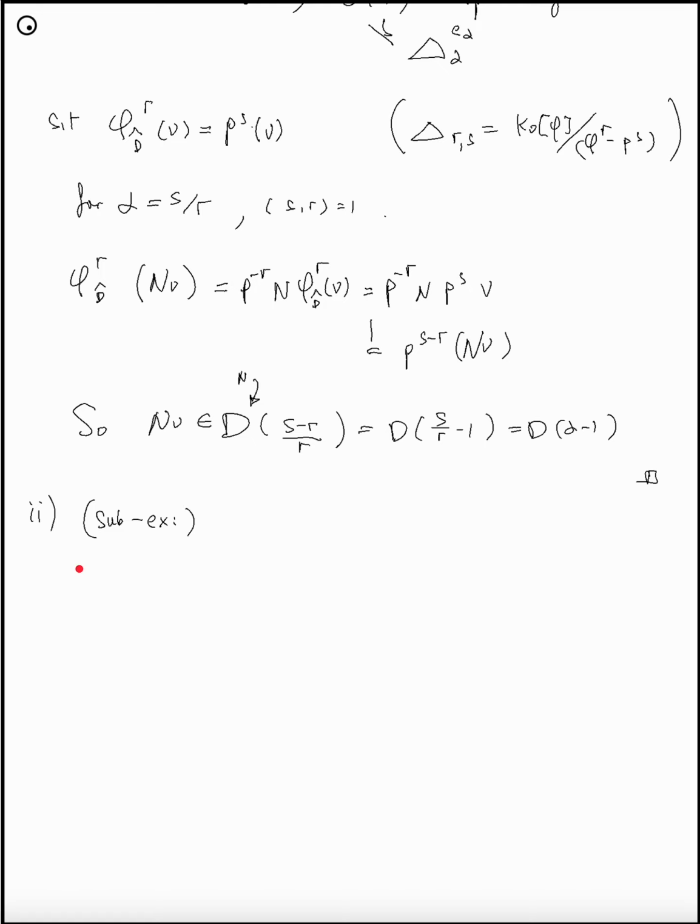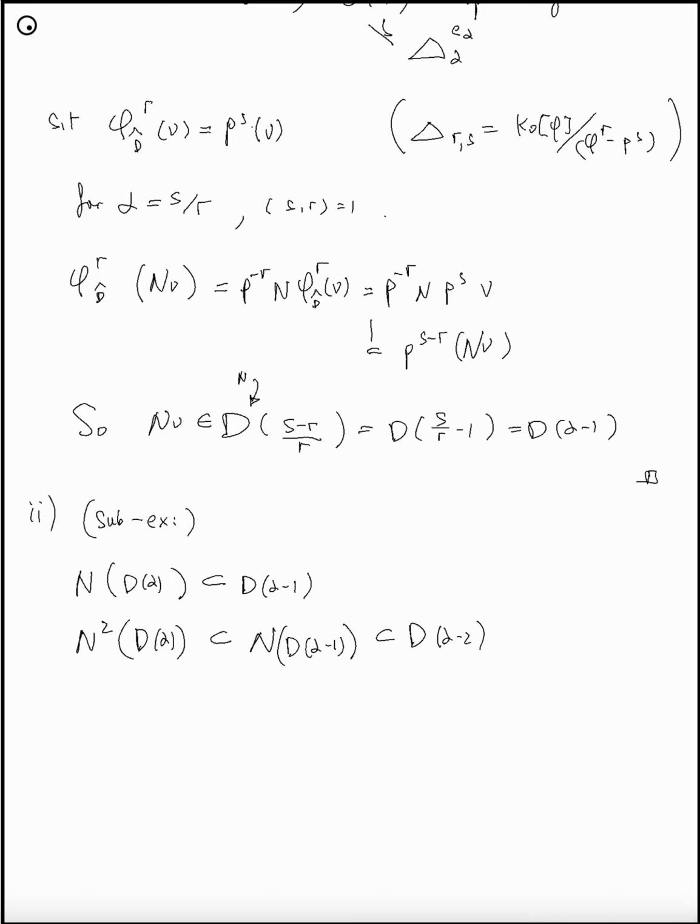I'm going to claim this, and of course, if you apply N twice, then N of D alpha is contained in D alpha minus 1, and then contained in D alpha minus 2.